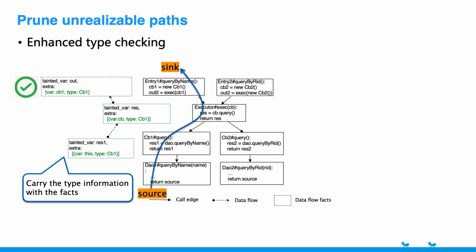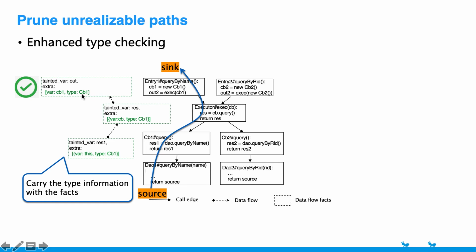In our solution, we record the type information along with the facts. For example, the type of variable this is CB1 here. After returning to this function scope, the equivalent variable of this is CB, and finally, after returning to this function scope, the equivalent variable is CB1, and it should also be of type CB1.